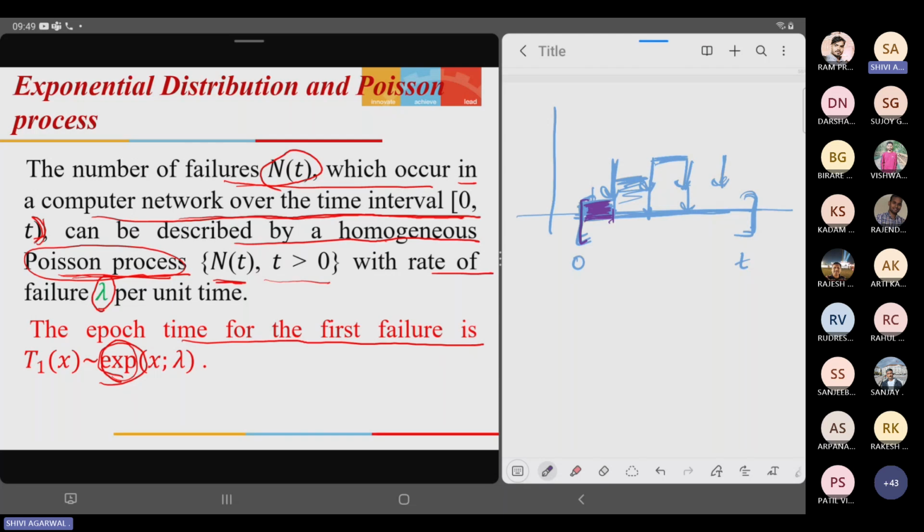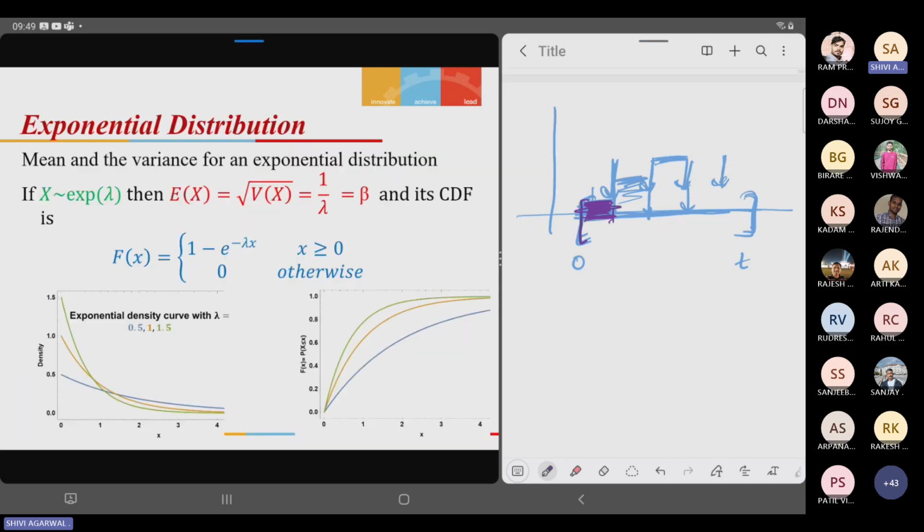Events occurred follow the Poisson process, and the time elapsed between events follows the exponential distribution.